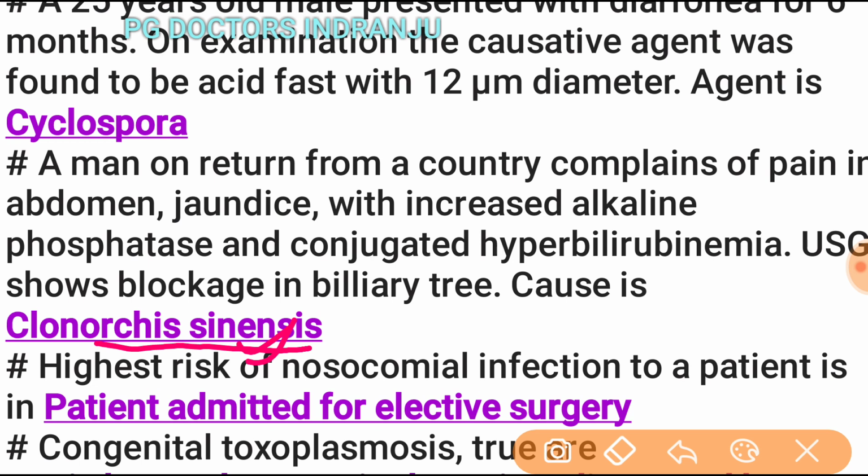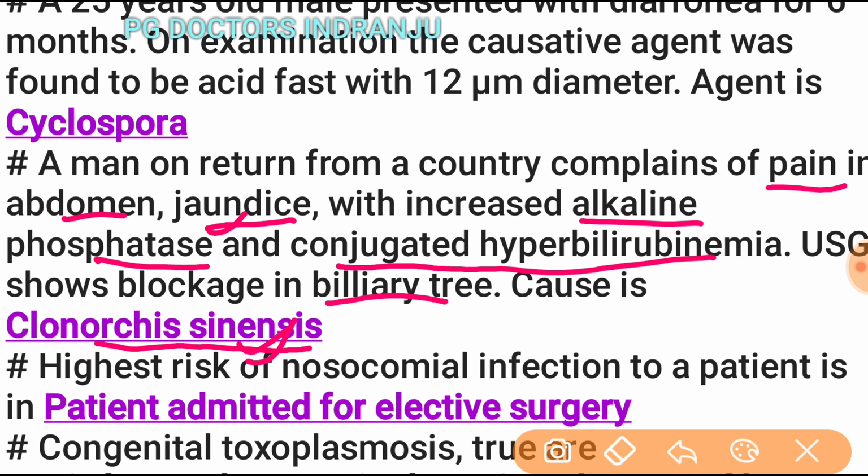Due to blockage of the biliary tree, jaundice occurs, pain in the abdomen is the usual feature, alkaline phosphatase also increases, and conjugated hyperbilirubinemia occurs. That is called obstructive jaundice.